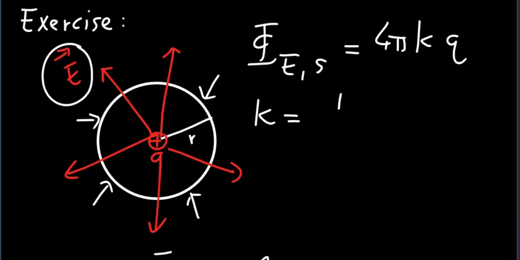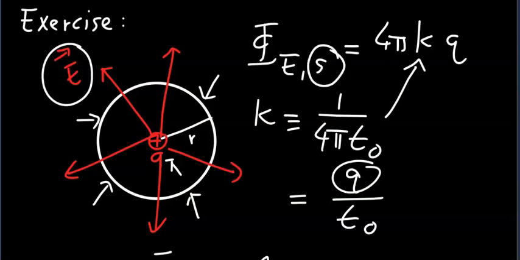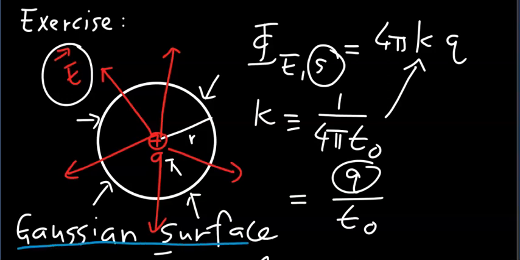It is related to the permittivity of vacuum in the following manner: K is 1 over 4 pi epsilon naught. Substituting this in here, you see the flux will simply become Q over epsilon naught, Q being the net charge within that surface. When defining Gauss's law, all these closed surfaces have a name. They are called Gaussian surfaces. So in this example, the Gaussian surface is this spherical surface.